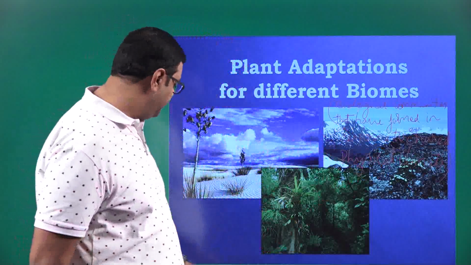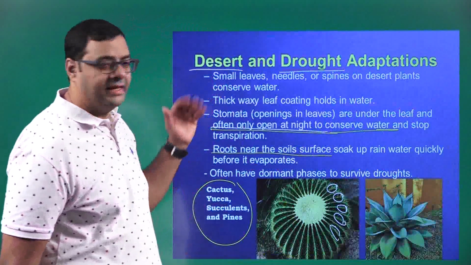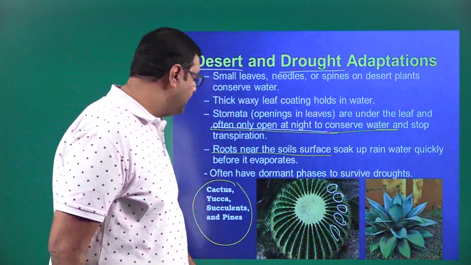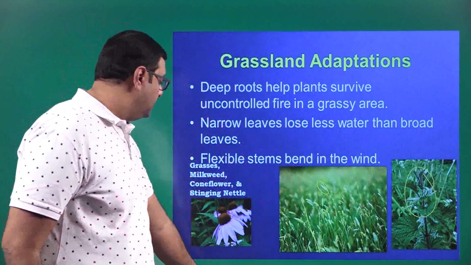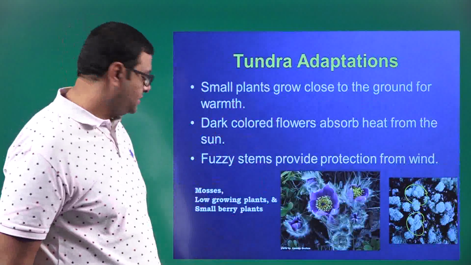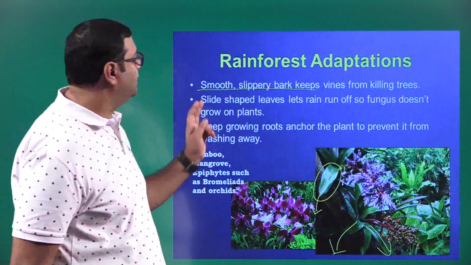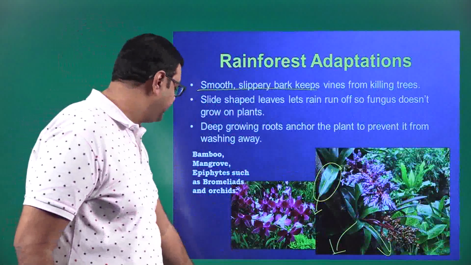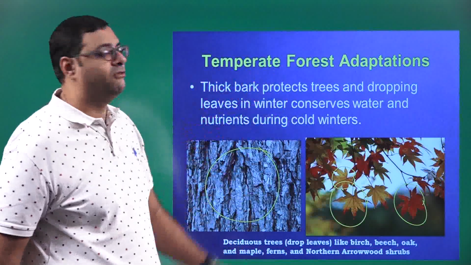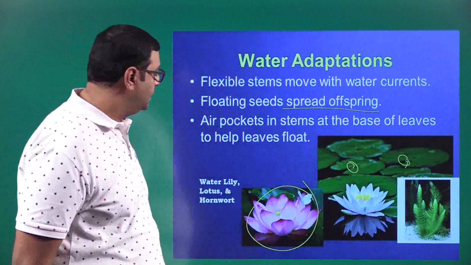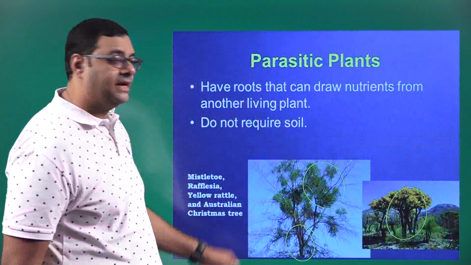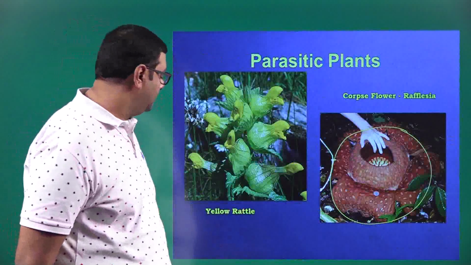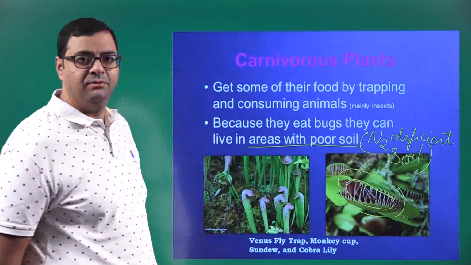We have seen desert adaptations, then grassland adaptations, then tundra adaptations, then rainforest adaptations, then temperate forest adaptations, then water adaptations, parasitic plants, and then carnivorous plants.